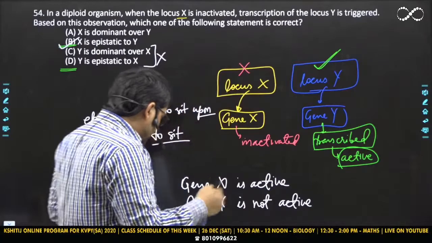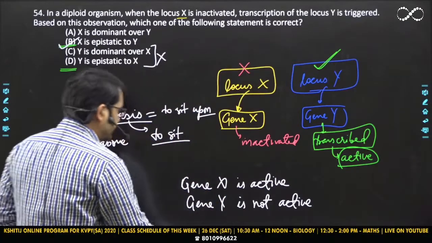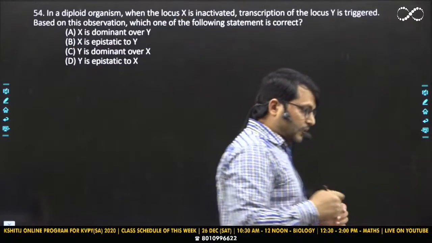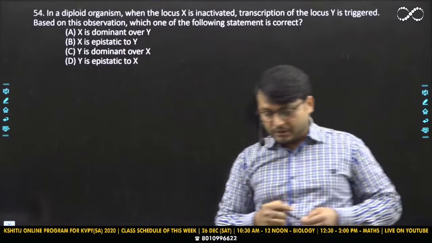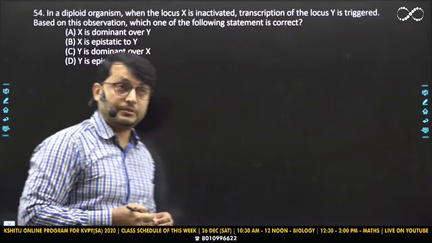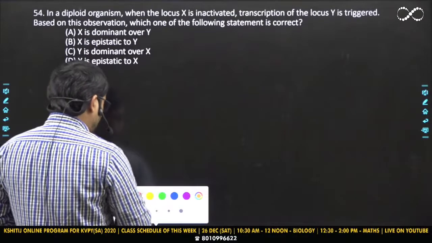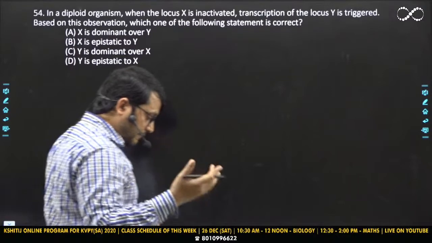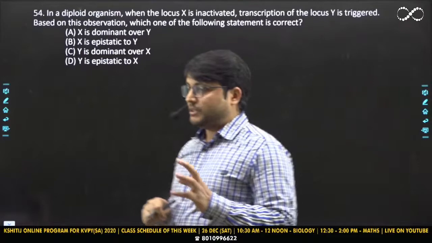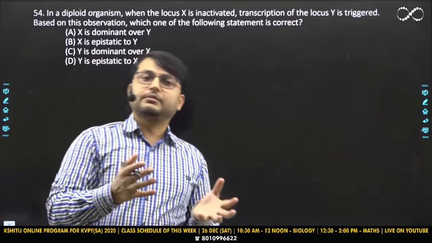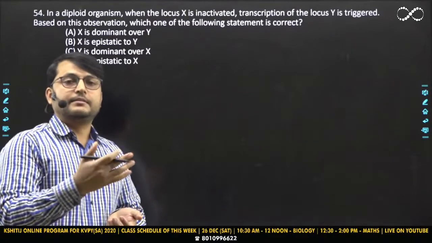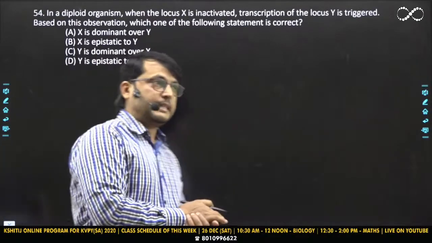Now, there is a peculiar case of epistasis that we have already studied in the case of flower color inheritance of Lathyrus odoratus. In the previous class, when we discussed the 2019 paper, there also I discussed the whole mechanism of flower color inheritance in Lathyrus odoratus, which is a characteristic example of epistasis, right?